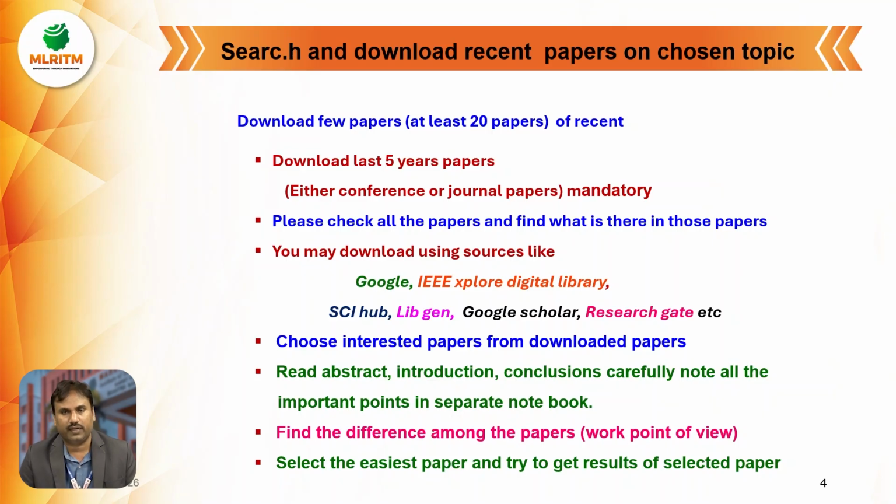From those, you read the abstract section, the introduction section, and the conclusion section, and you note down the very important findings in your notebook. Out of 20, the 1 or 2 you select should be the easiest ones, and they should be very interesting.